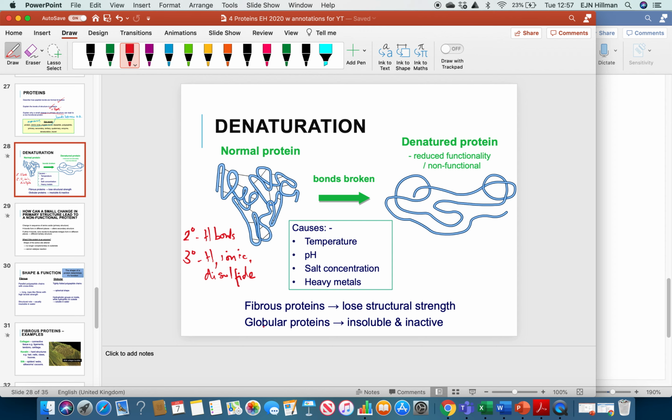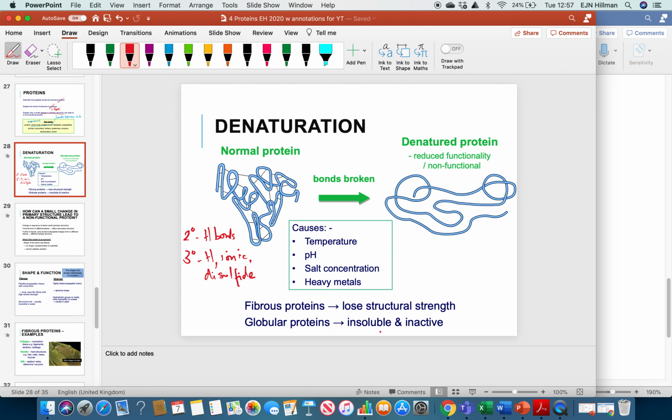If they're globular proteins, such as enzymes, receptors, etc., they lose their shape, they no longer have a very specific and perhaps a complementary structure. It may change the shape of the active site or the receptor site, and therefore they become inactive. So we'll look at that in a bit more detail now.